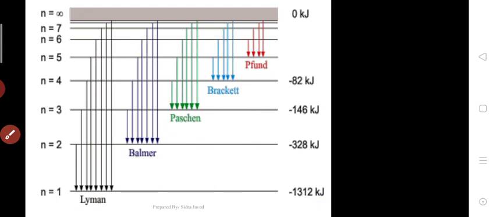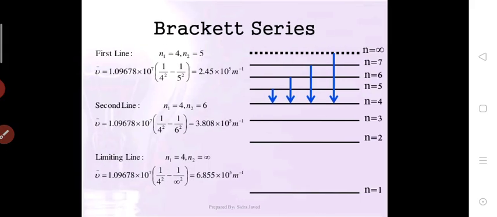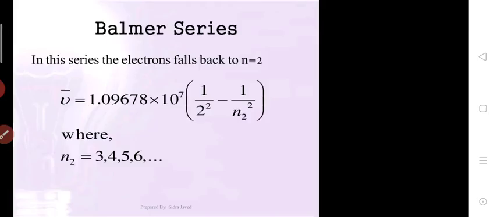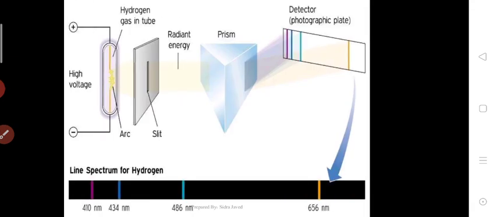So this is all about what we have learned in the hydrogen spectrum. If you heat hydrogen gas and pass the emitted radiation through a prism, you will get an emission spectrum on a photographic plate.